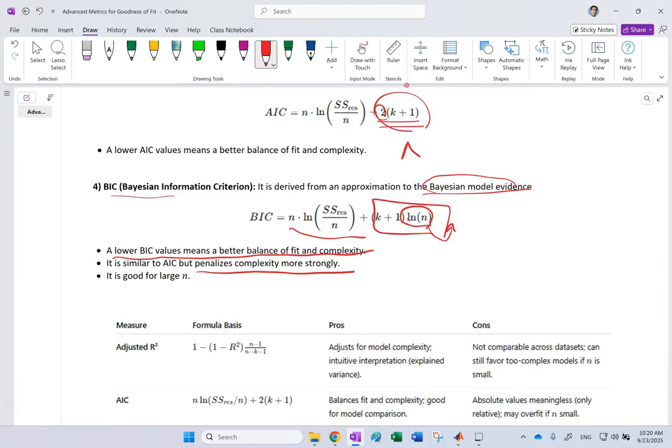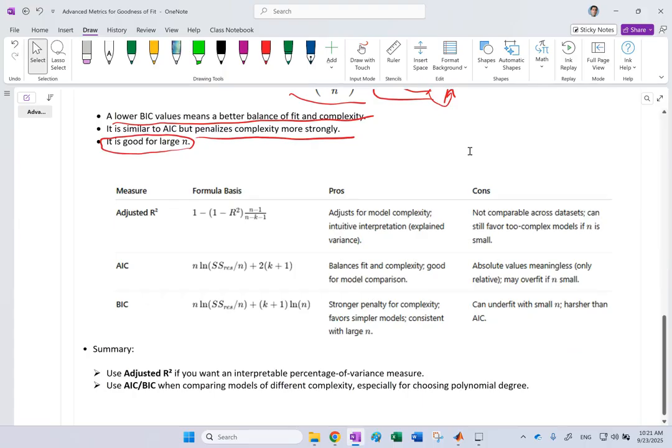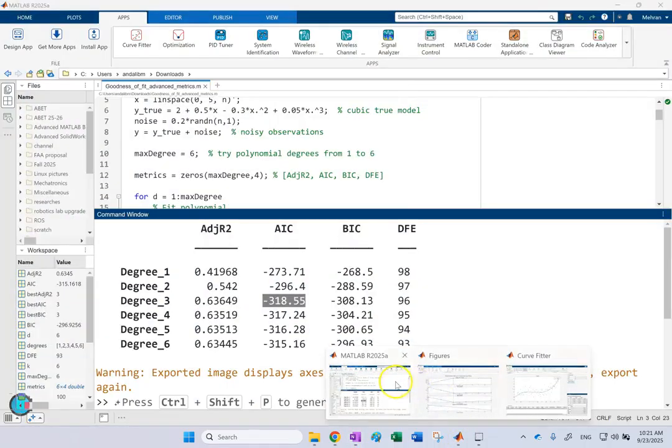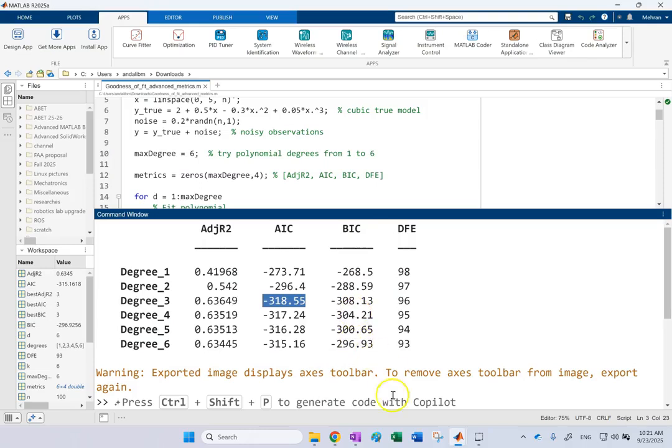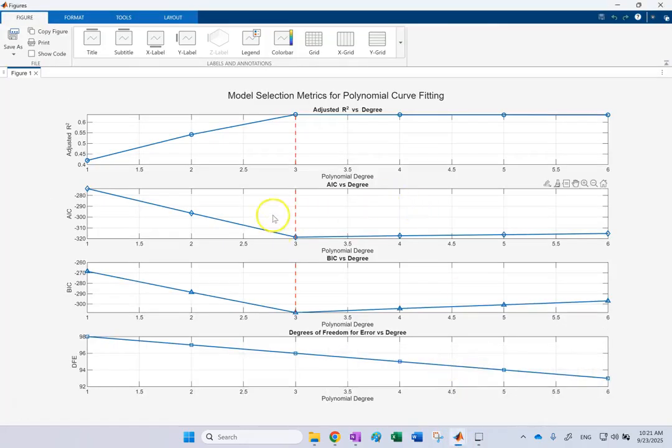The good thing about it is that it is sensitive to n, so it is really good when your data points are very large. If you have lots of data points, this could be very good. And again, you can see that here in the data, and you can see it here in the plot.